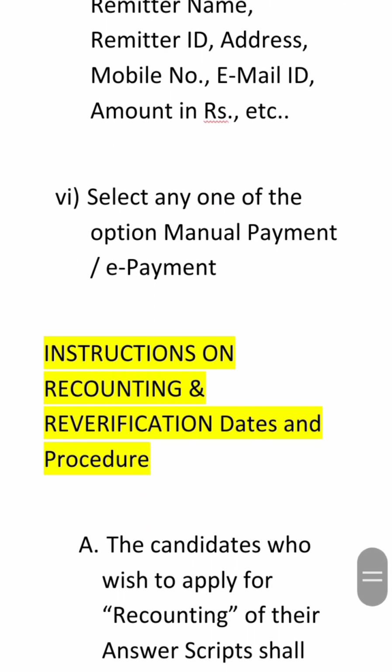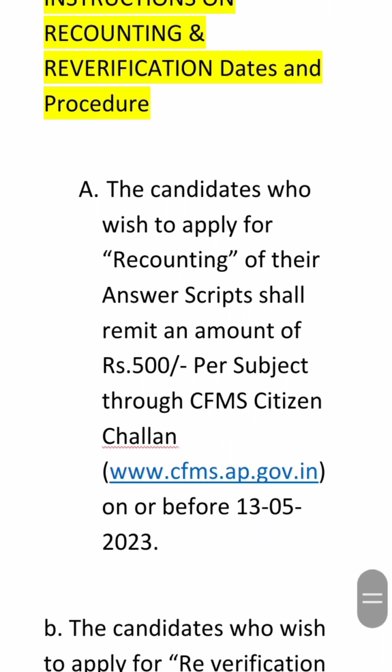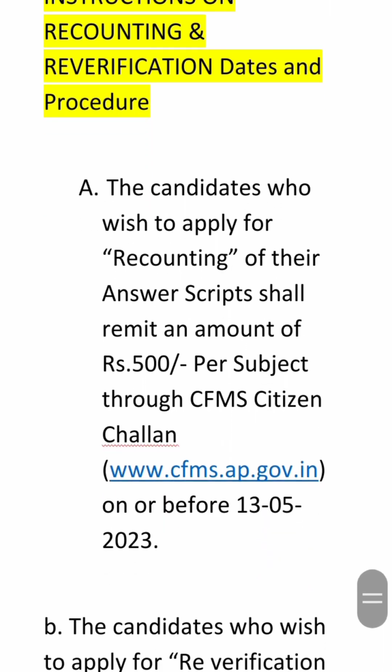And instructions on recounting and re-verification dates and procedures. The candidates who wish to apply for recounting of their answer scripts shall remit an amount of 500 rupees per subject through CFMS Citizen Challan, that is www.cfms.ap.gov.in, on or before 13/5/2023.